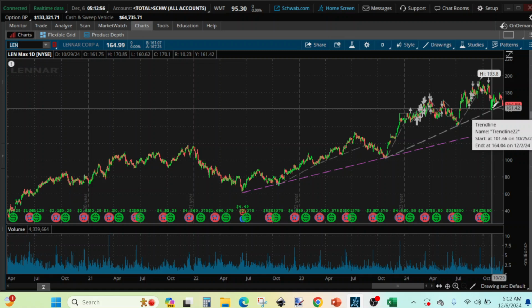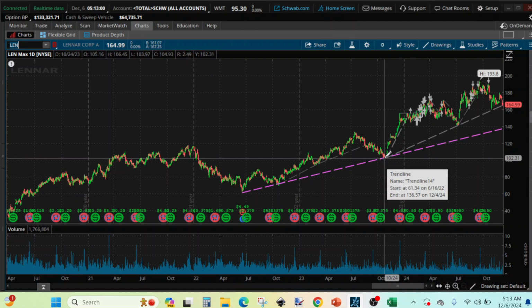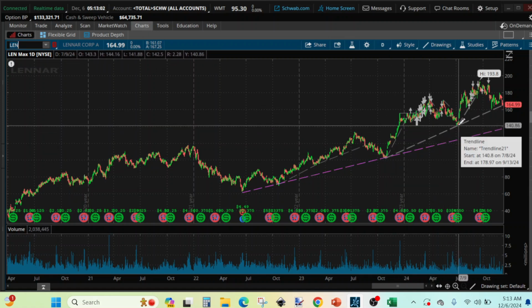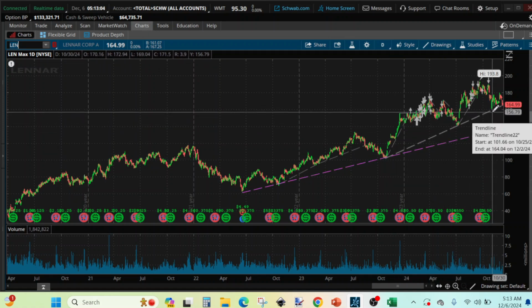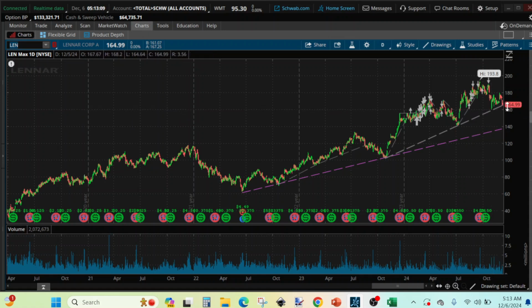So this could be the line. If it was on that line in October, got to it in July, got back to it in October, and now is on it. LEN.